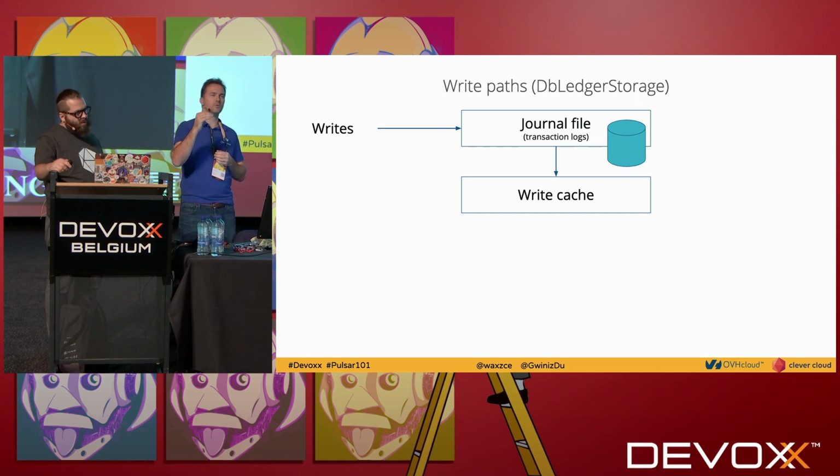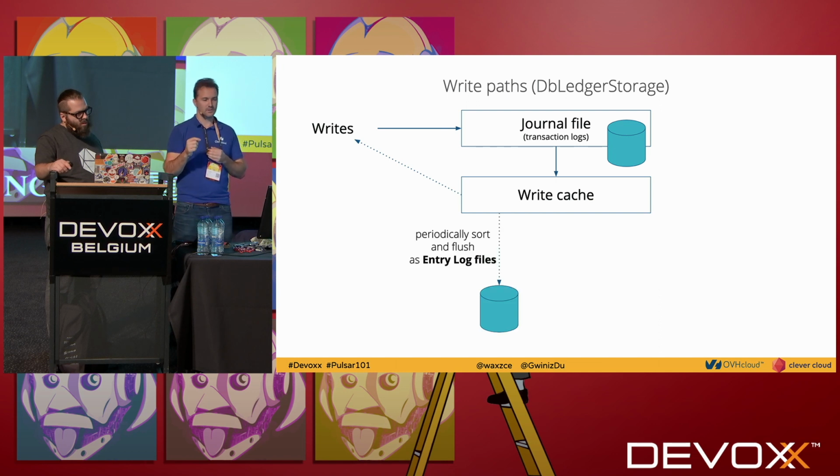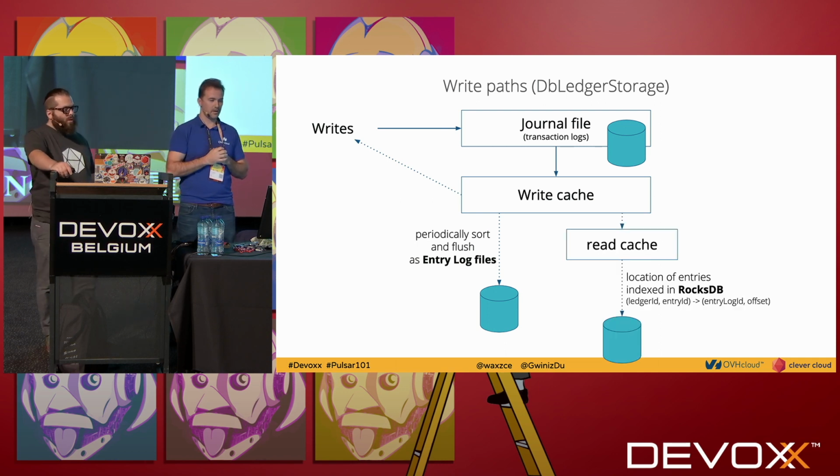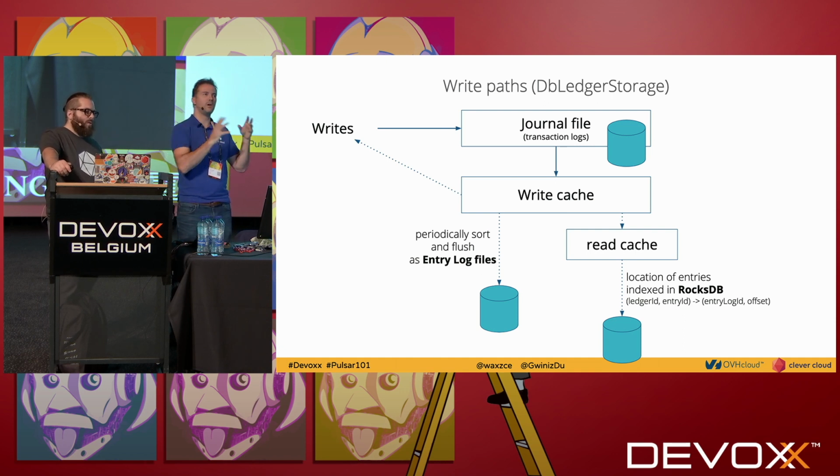Once written in the WAL, you populate the write cache, and you acknowledge the write. Once it's done, you will flush your entry logs, but it's an asynchronous process. This also explains why writes are very performant on BookKeeper. And you populate the read cache with the index, or where the actual entry logs are.